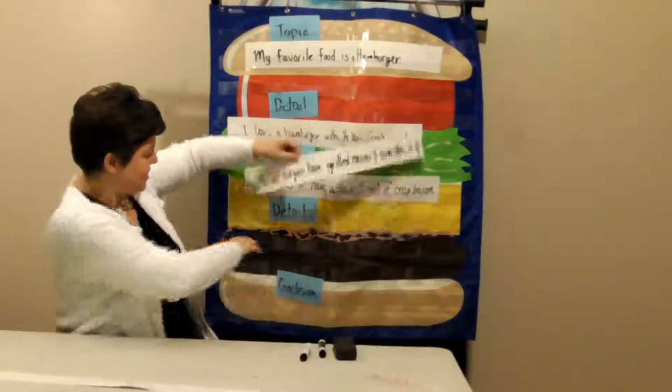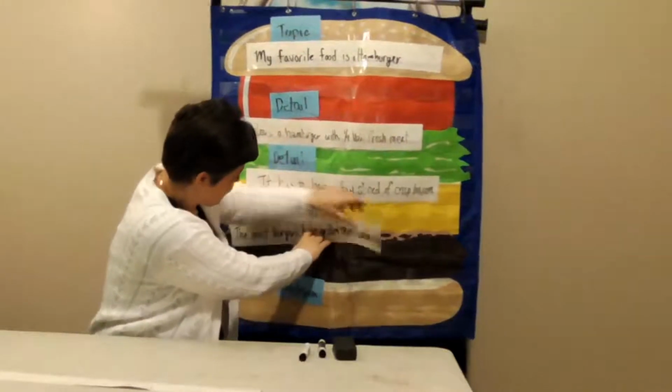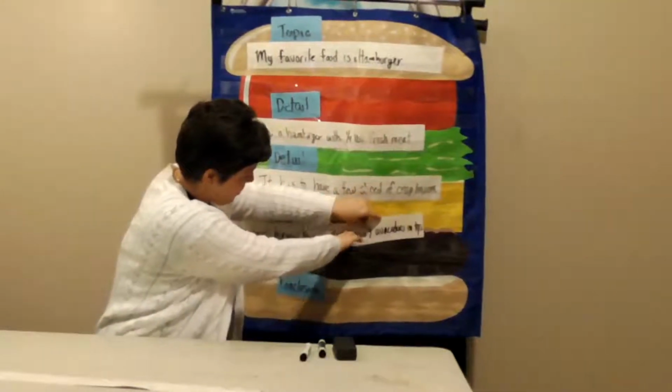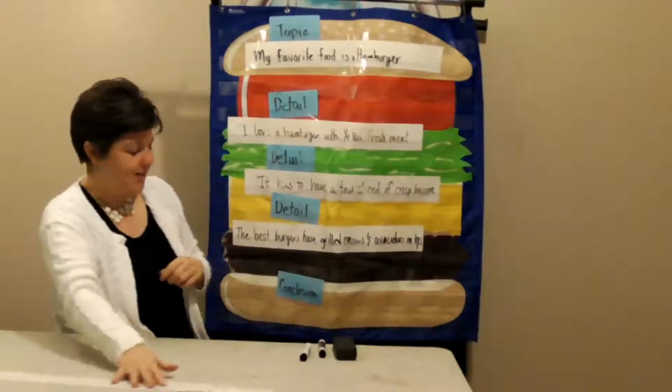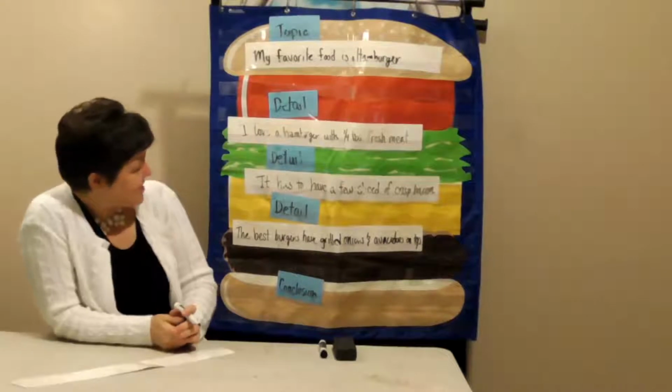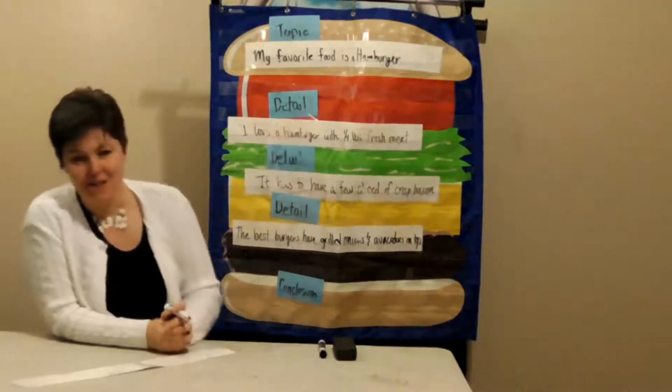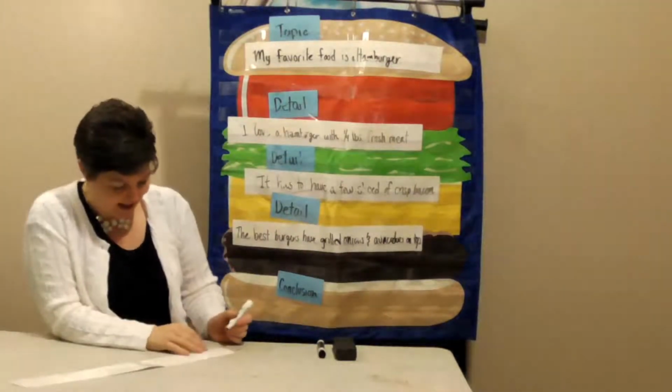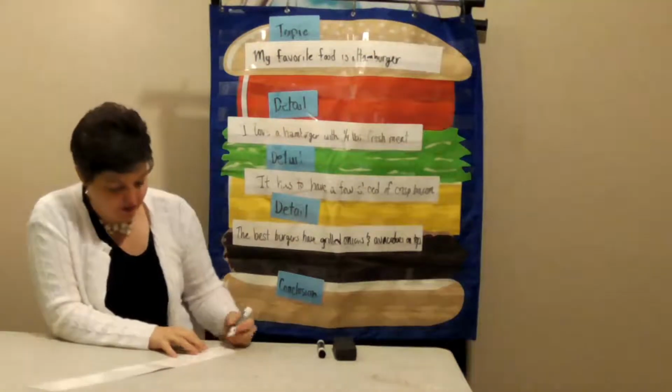Okay, so I've given you another detailed sentence. Okay. Why do I like hamburgers so much? If I give my conclusion sentence, I've given you some specific details about what my perfect hamburger has to have. Now I'm going to write my conclusion.